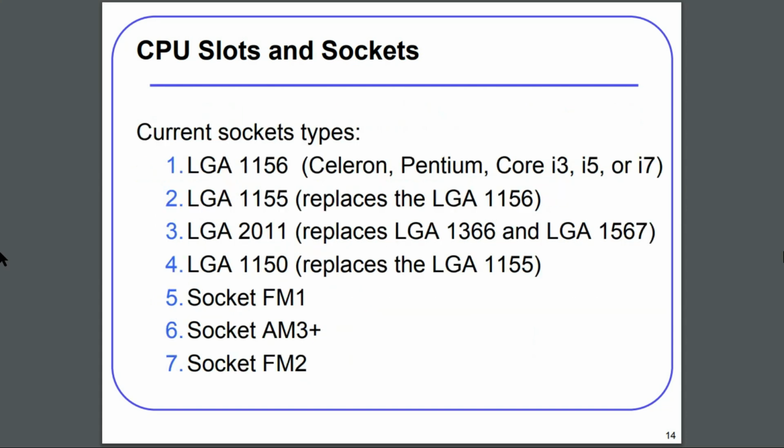Current socket types are LGA 1156, for Celeron, Pentium, Core i3, i5 or Core i7. LGA 1155 replaces the LGA 1156, LGA 2011 replaces LGA 1366 and LGA 1567, and LGA 1150 replaces the LGA 1155. Others are socket FM1, socket AM3+, and socket FM2.